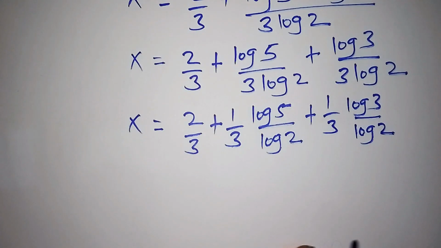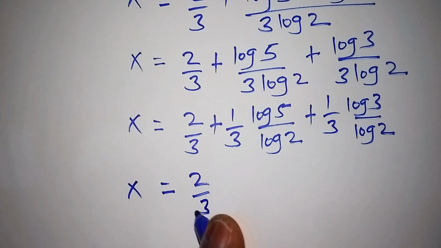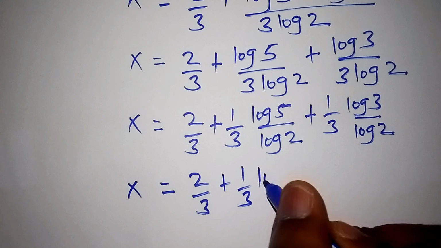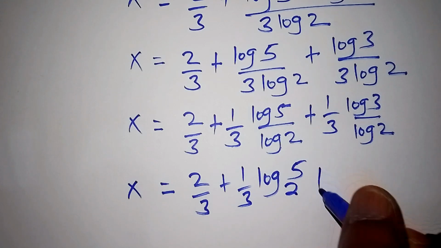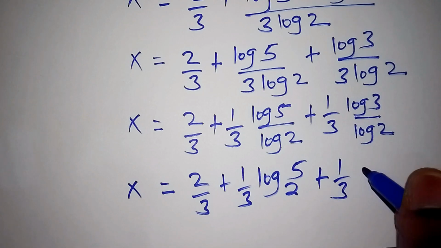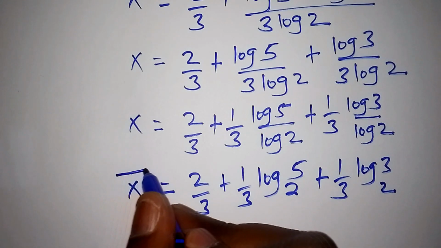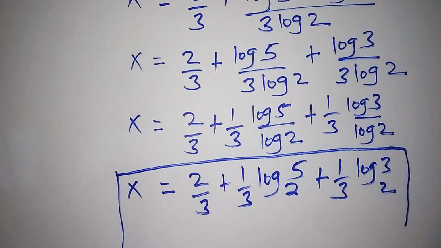So finally you can conclude that the value for x is equal to 2 over 3 plus 1 over 3 times the log of 5 to the base of 2, plus 1 over 3 times the log of 3 to the base of 2. So this concludes our solution, and this is our correct value for x.